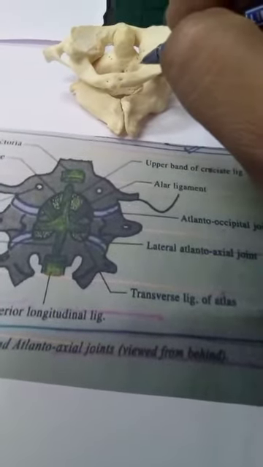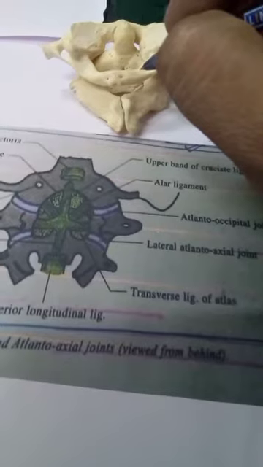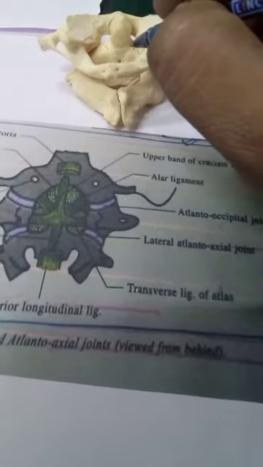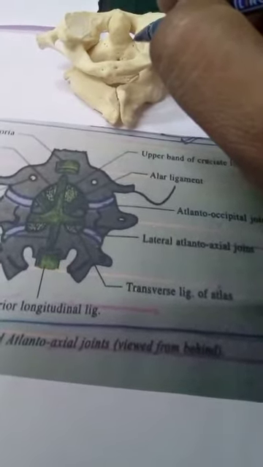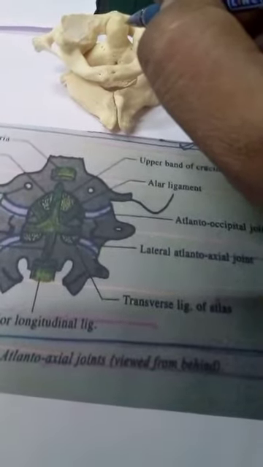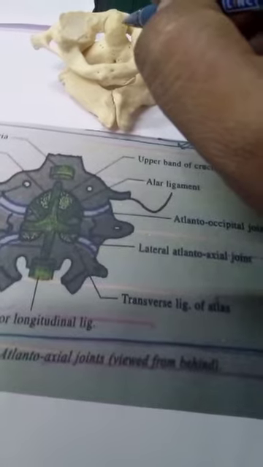They connect atlas with the axis. The joints move as one unit and permit rotation of atlas along with the entire skull. The atlantoaxial joints are called joints of no or negative expression.